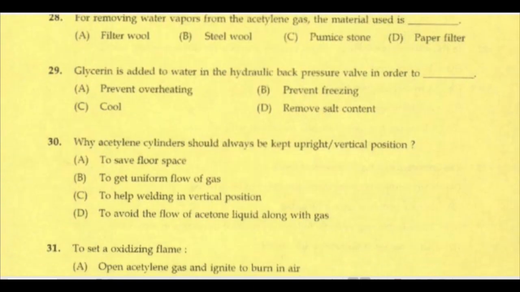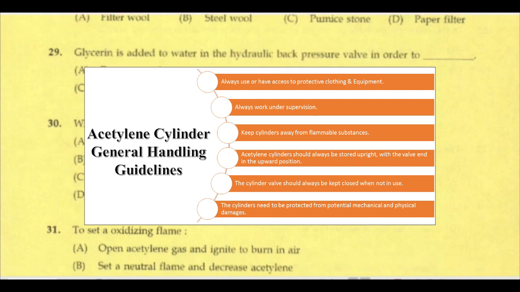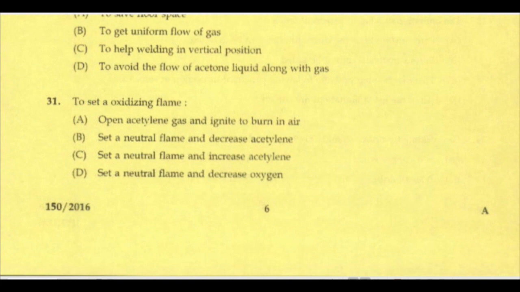Next, why should acetylene cylinders always be kept in an upright or vertical position? It is to avoid the flow of acetone liquid along with the gas.